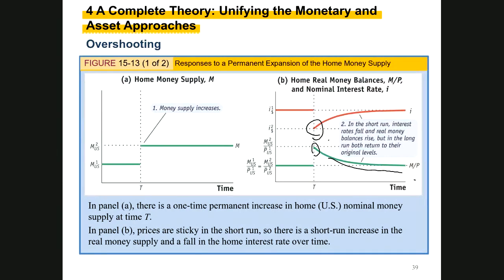Because the price is rigid, right? But once we put it into a long run perspective, the price could move, so that the real money balance is heading back to its original level. Okay?